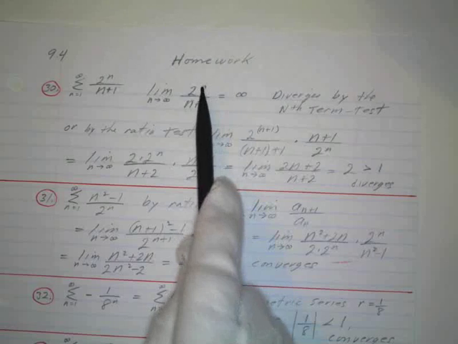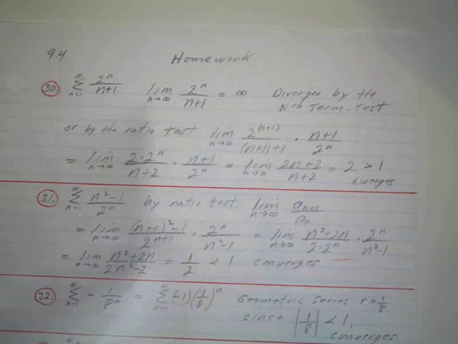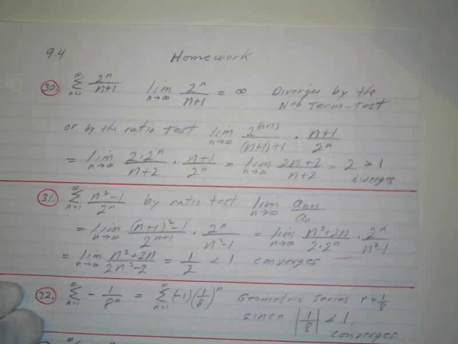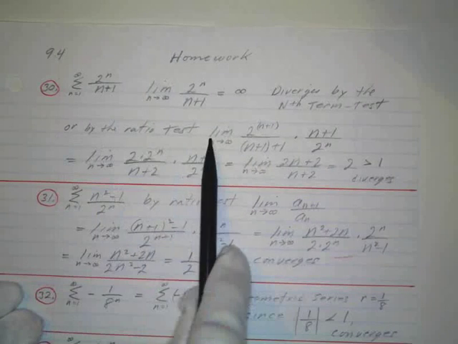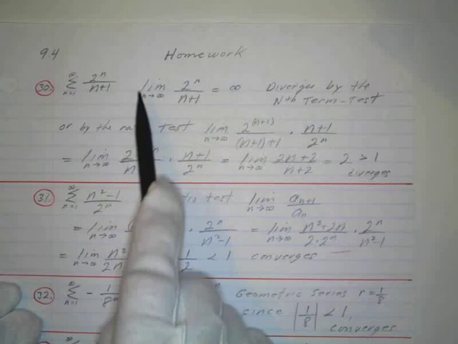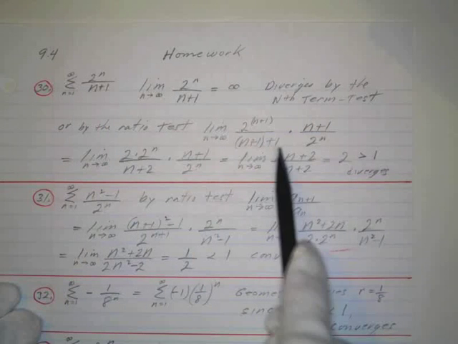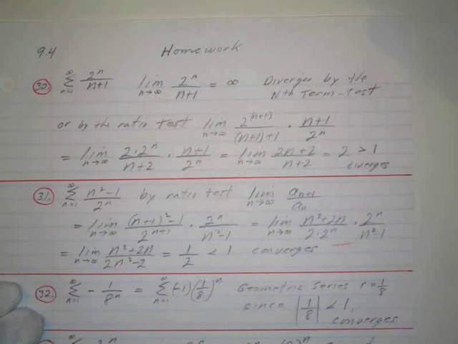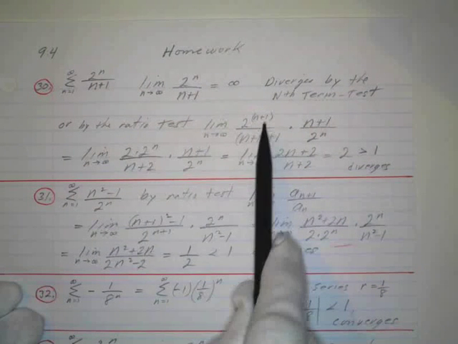Now, if that's a little bit hard for you to see that limit as n approaches infinity, because the top actually goes faster than the bottom since we have an exponent, and then we just have a linear power, we can use the ratio test. Let's try the ratio test. So I'll take the limit, and I'll have 2 to the n plus 1 over n plus 1 plus 1, times the reciprocal, n plus 1 over 2 to the n.